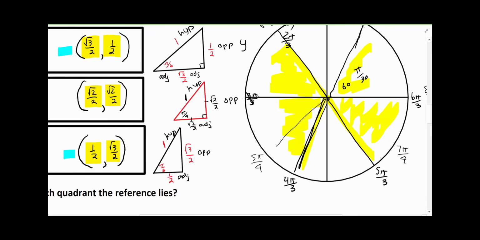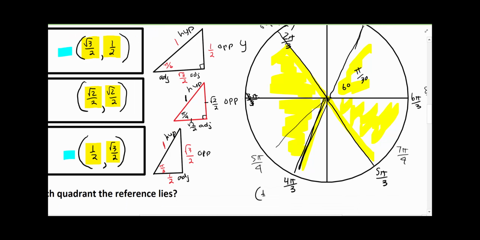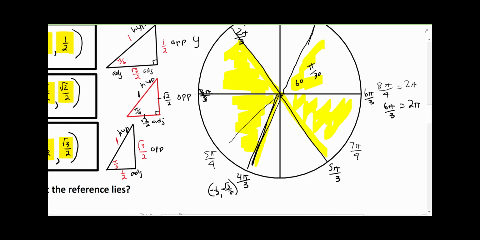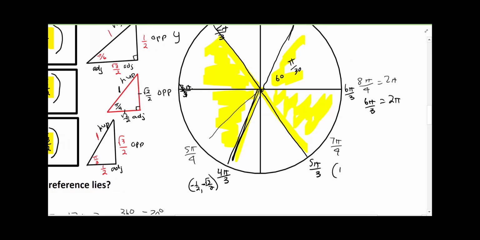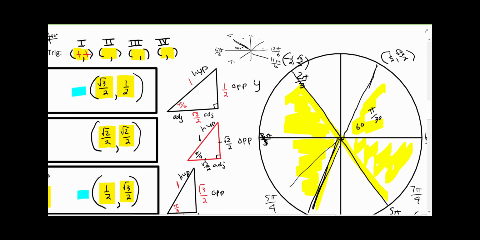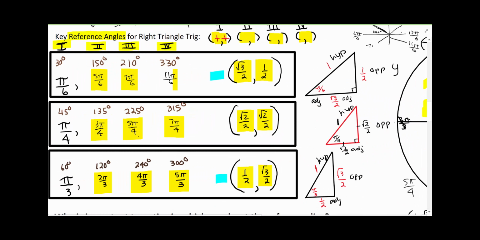And down here, it's still going to be 1/2 and √3/2, but in this quadrant, they're both negative. And then over here, it's still going to be 1/2 and √3/2, but the 1/2 is positive, this is negative. So all you're really having to do is to remember pi 6, pi 4, pi thirds.